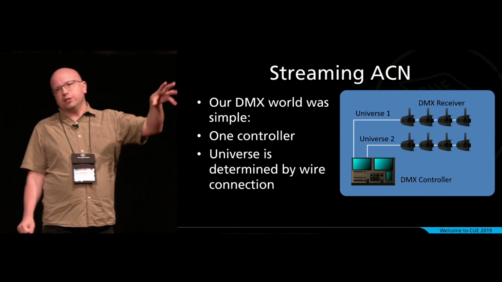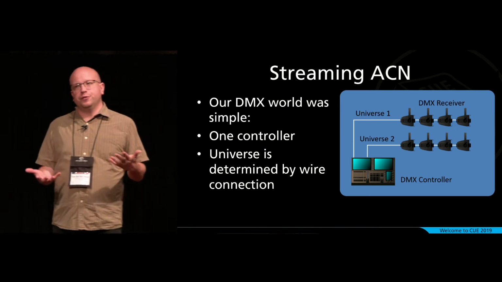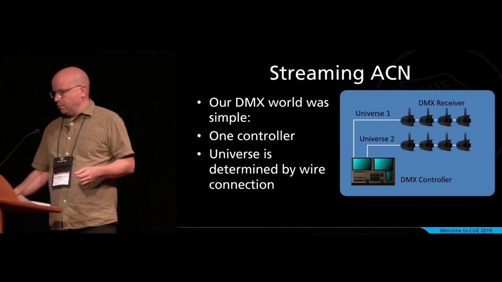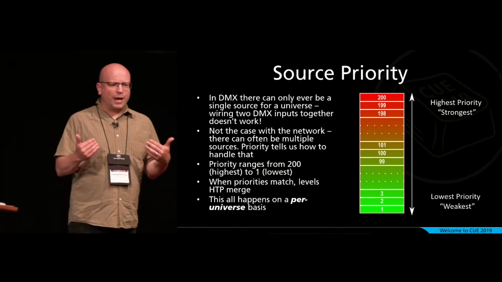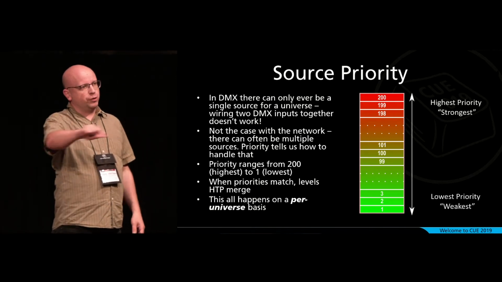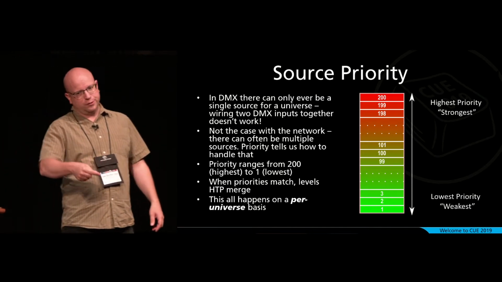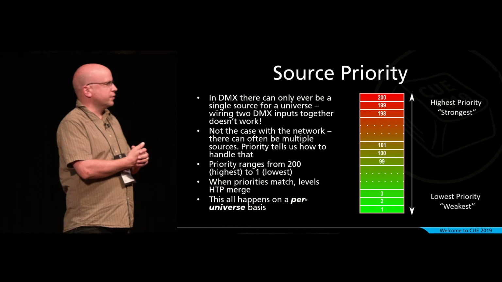And then we had the receiving devices on the end who were just listening. So all that tells you the universe is the wire. But now, on the back of my console, I've got one Ethernet port, but it's sending out multiple universes. So the wire doesn't really tell me anything. The wire is just going to the console, and then it's going to some gateways.